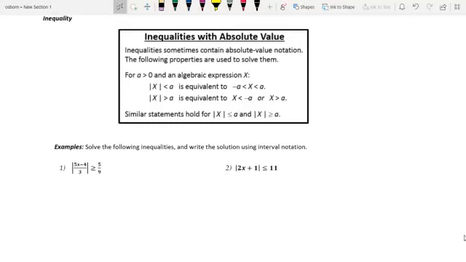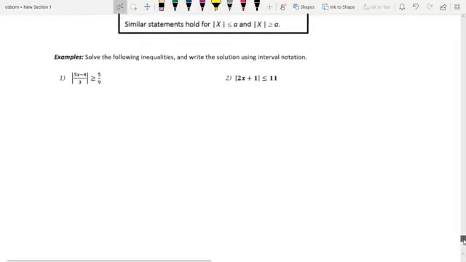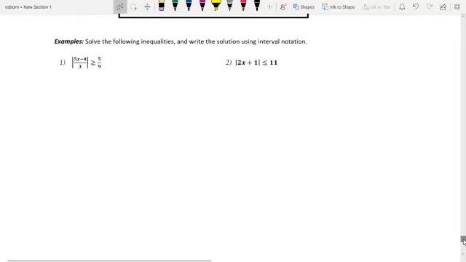Now for me personally, I find that the easiest way to do these problems and to make sure that I don't accidentally flip my inequality signs the wrong way is what I do is I look at my equation and whatever is here I write on this other side, but I just change the sign to make it the opposite sign, so I'll make it negative.